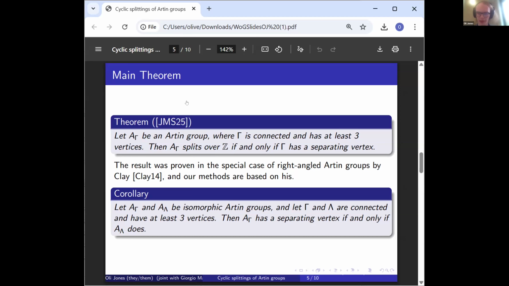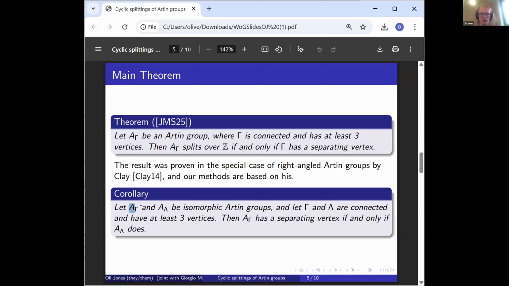Okay, so that's the splittings of Artin groups, and now we want to start thinking about the isomorphism problem. So there's an immediate corollary as our warm-up. Something we can immediately say about the isomorphism problem is, suppose we have 2 Artin groups, A gamma and A lambda, and A gamma has a separating vertex. Then A gamma splits over Z, which is a property only of the isomorphism type, right?